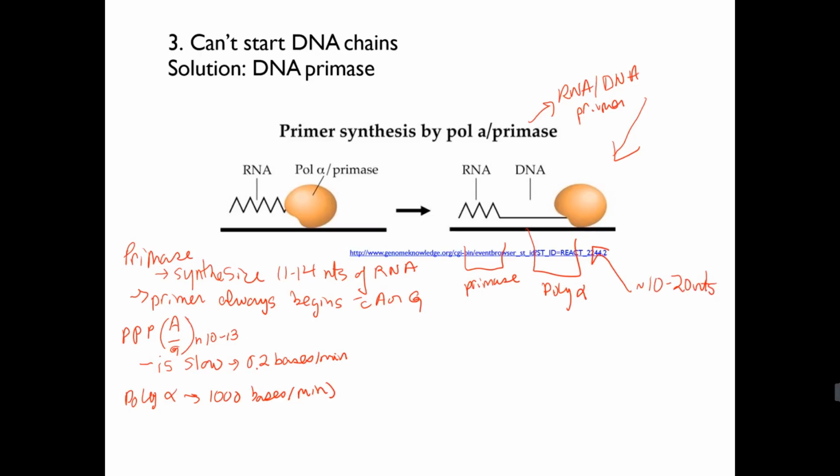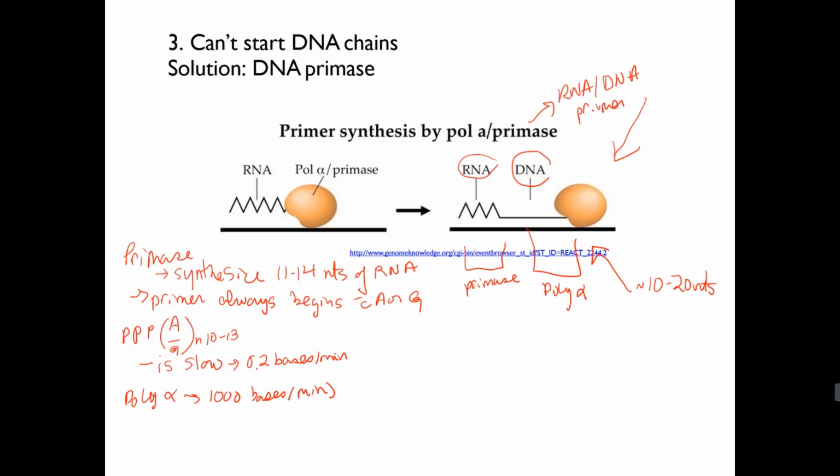So the product at the end of the Pol alpha primase, which primes all of these DNA chains, is basically this very short RNA-DNA primer. It has an RNA moiety, and again, that's depicted here, that's extended to DNA.